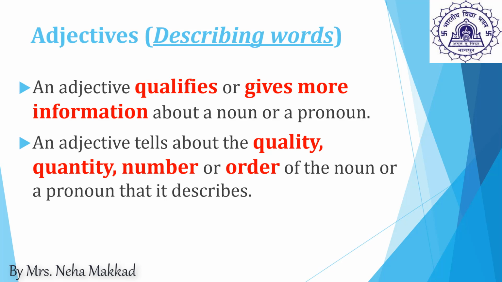We have different kinds of adjectives, like for example, the adjective of quality, quantity, adjective of number, adjective of degree, and also adjective of frequency. But when we are studying the degrees of comparison, we will consider only the adjective of quality.